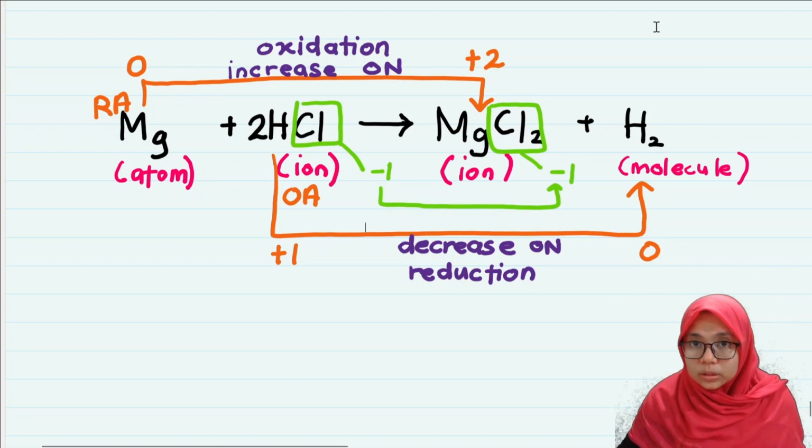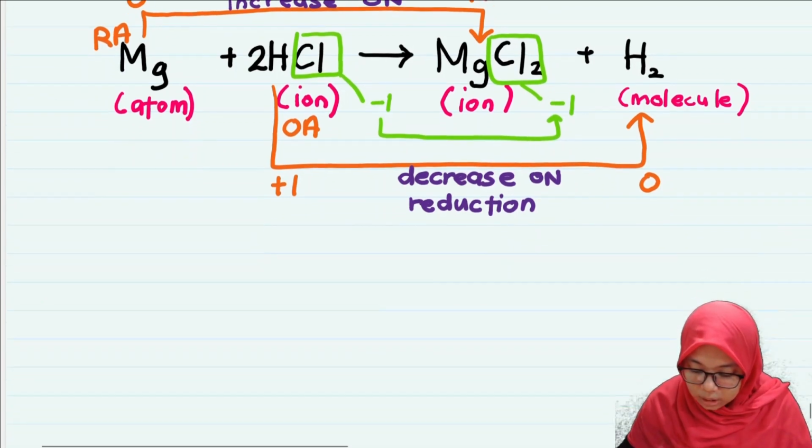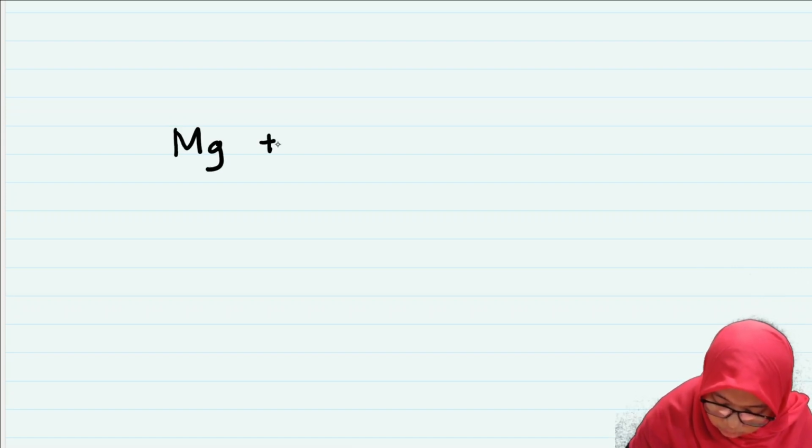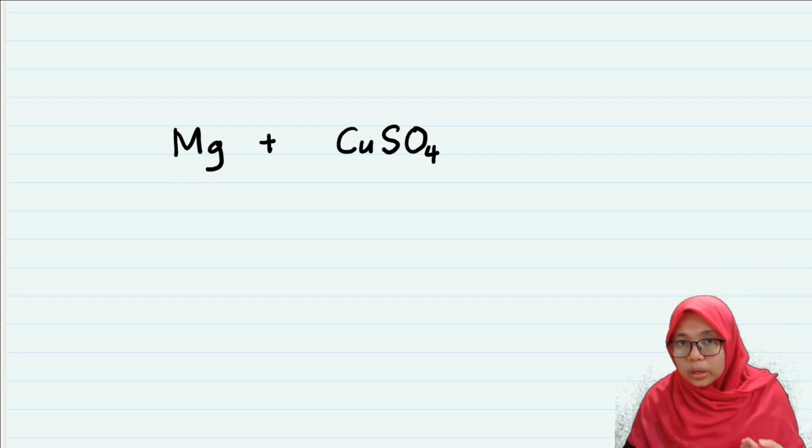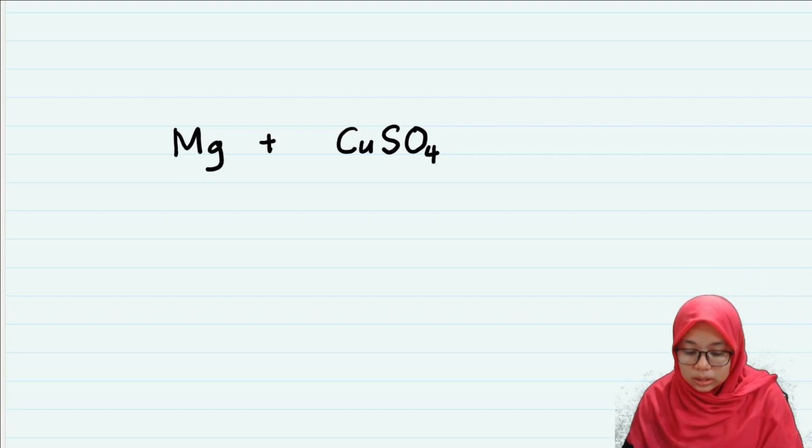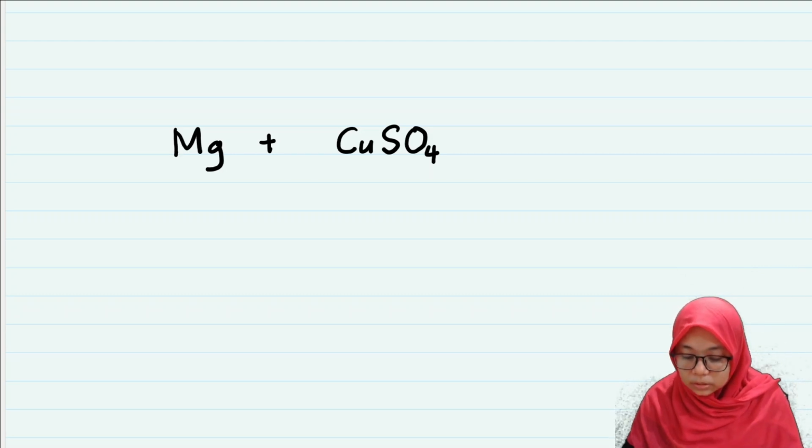Let me give you another example of a redox reaction in terms of change in oxidation number. So let's say I have magnesium again, reacting with copper sulfate. This is a reaction where magnesium is a more reactive metal, so magnesium can replace copper ion from copper sulfate solution.